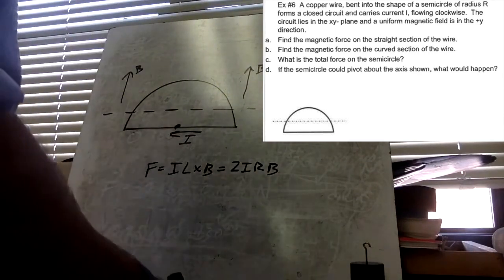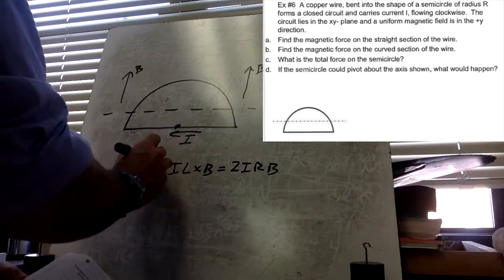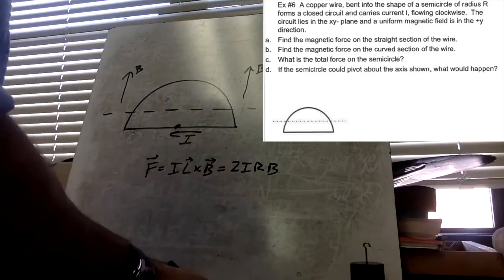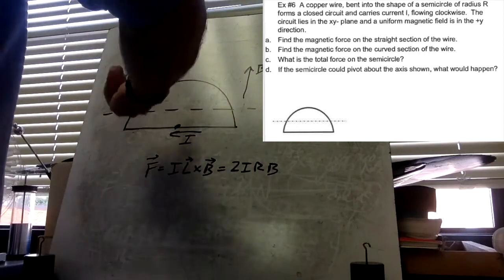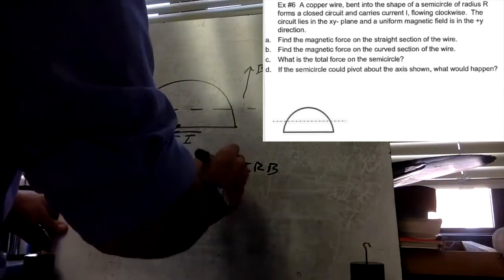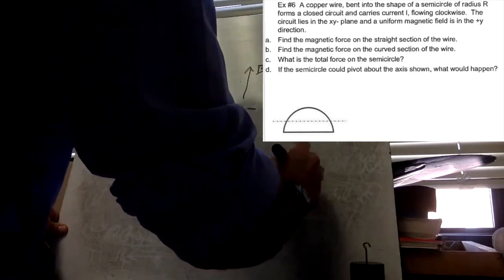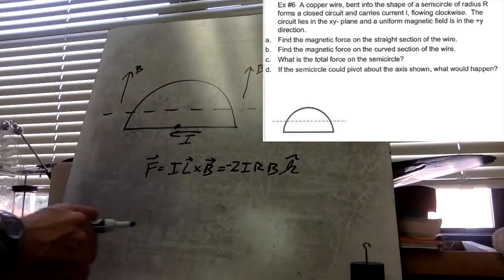All right, and what direction is this going to be as a vector? Current is this way, magnetic field is up, so this is into the board, so it's going to be negative 2IRB in the k direction.